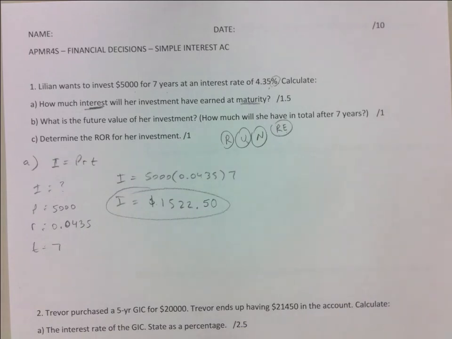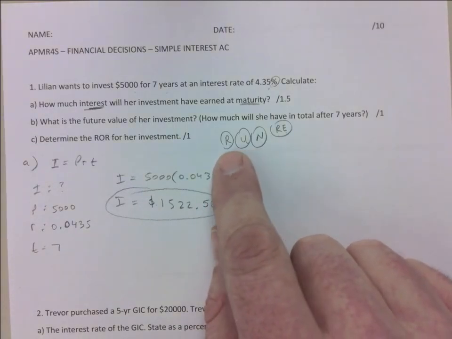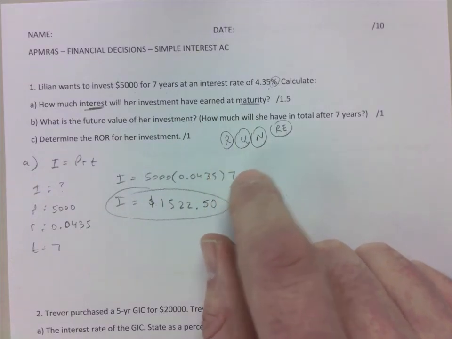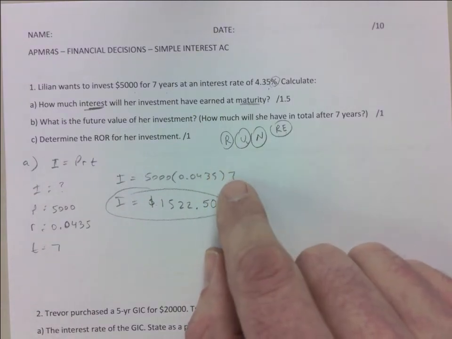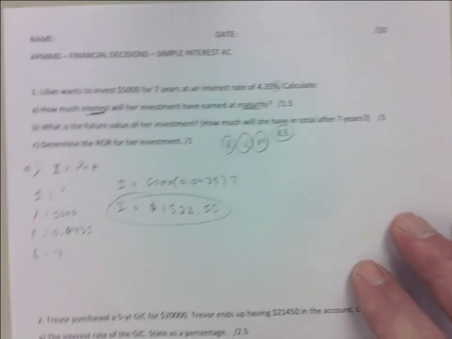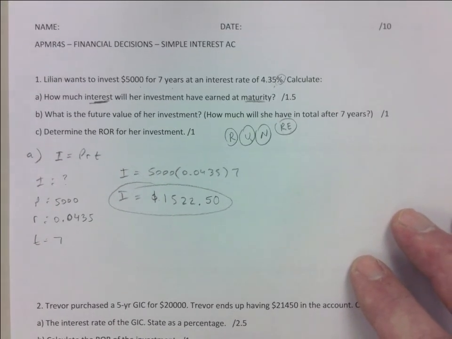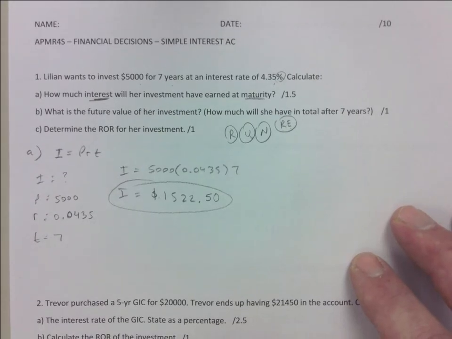You could have 20 of these circles on one page. I will only take off 1 mark once for that page. I will indicate every time you make a rounding error, I'll go R circle, U circle, so you know you made a mistake. But for that one page, you're only going to lose 1 mark.